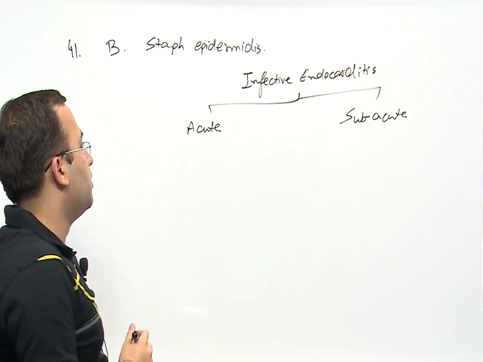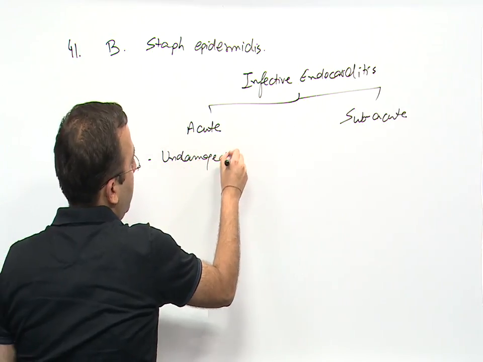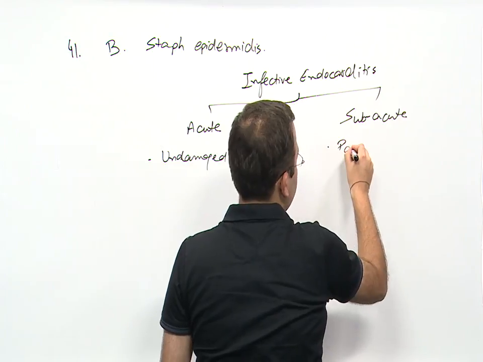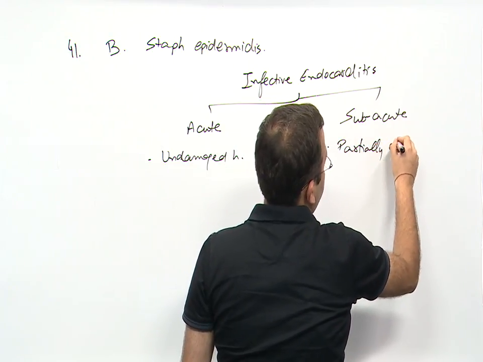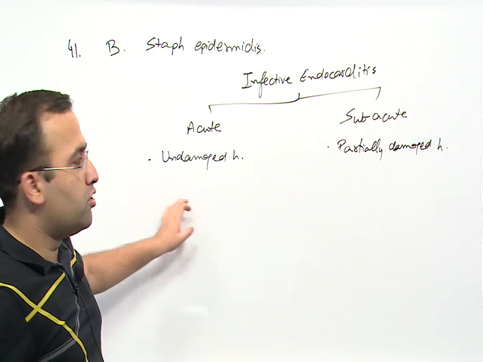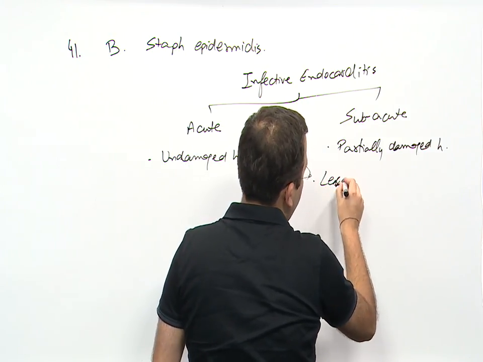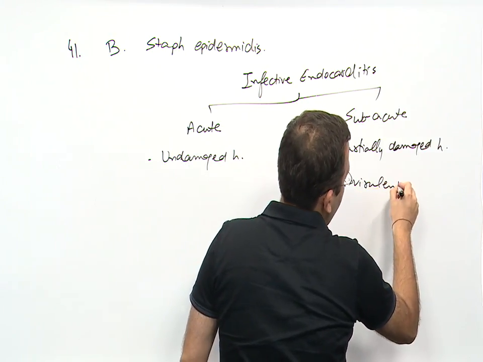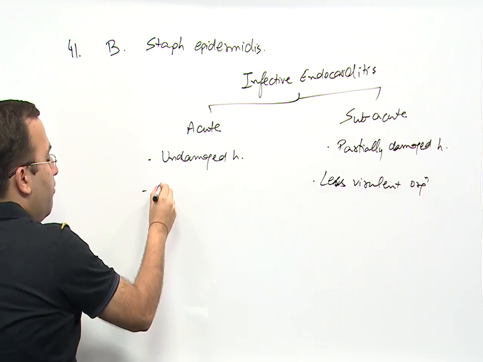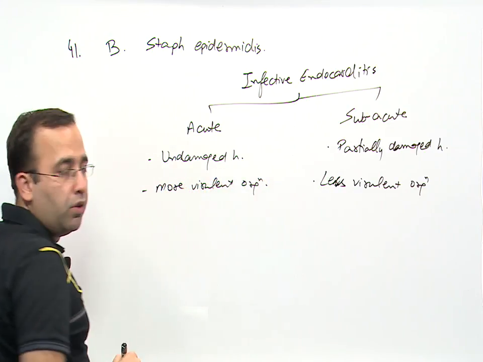Acute infective endocarditis occurs in an undamaged heart, whereas subacute infective endocarditis occurs in a partially damaged heart. As a result, a less virulent organism causes infection in subacute, whereas a more virulent organism causes it in acute.